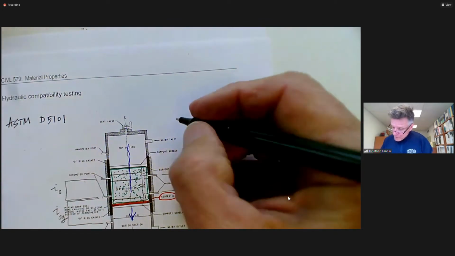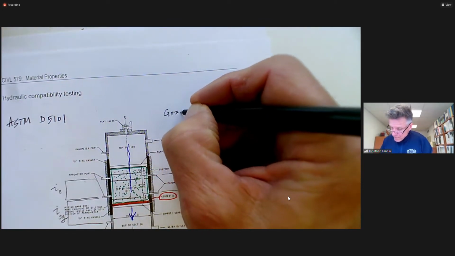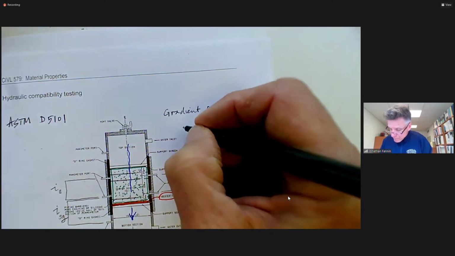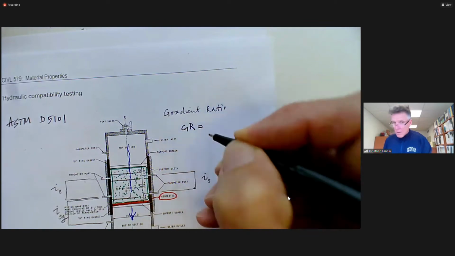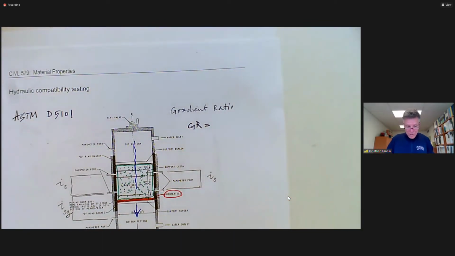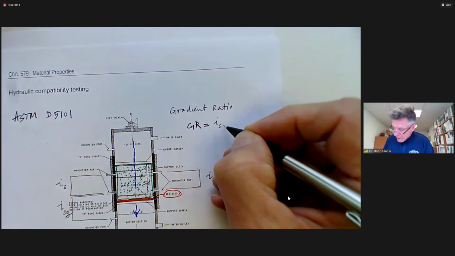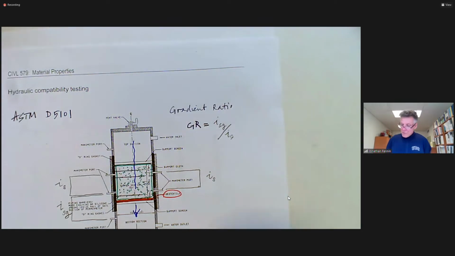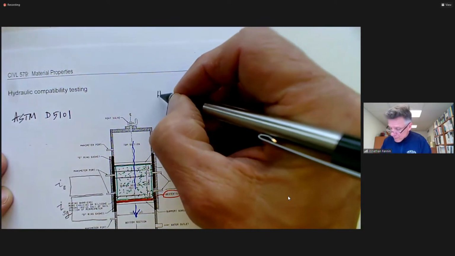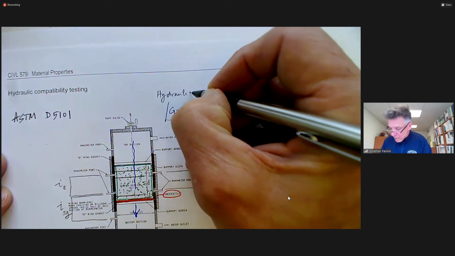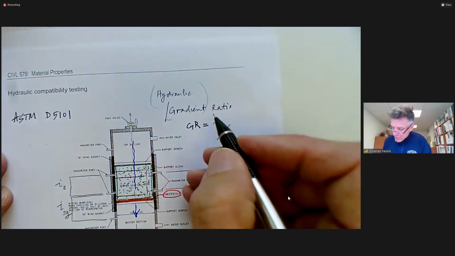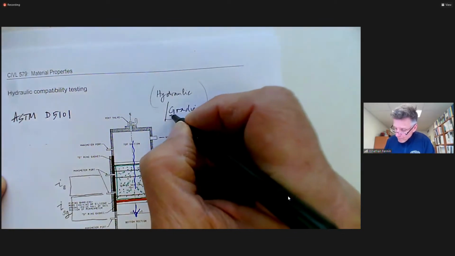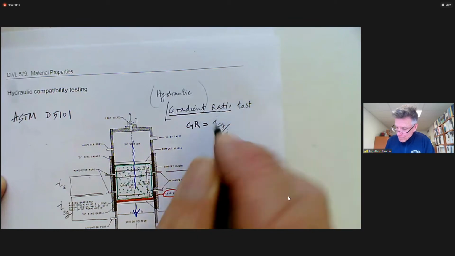So if we look at this in terms of a gradient ratio, the gradient ratio is i_sg over i_s. It's the hydraulic gradient ratio, because we call it the gradient ratio test.